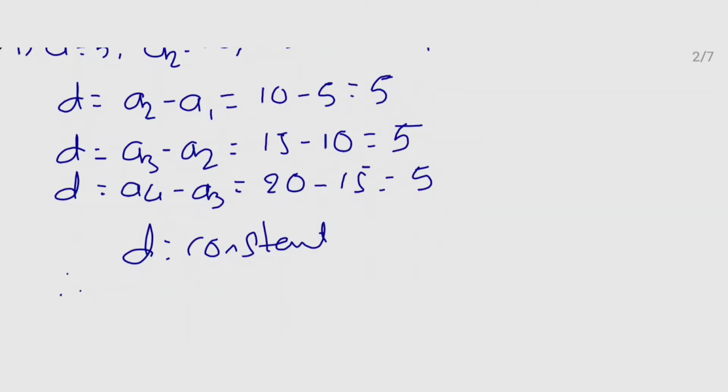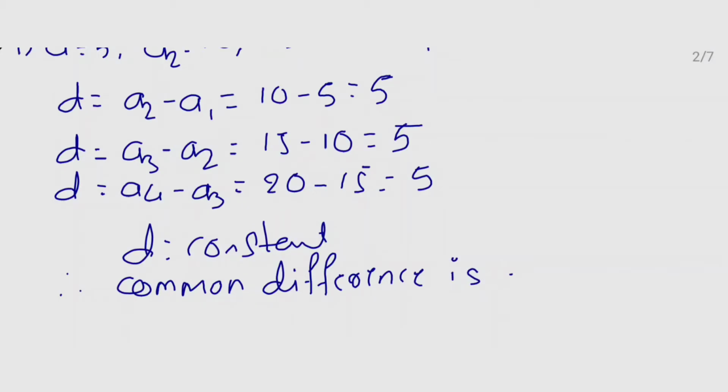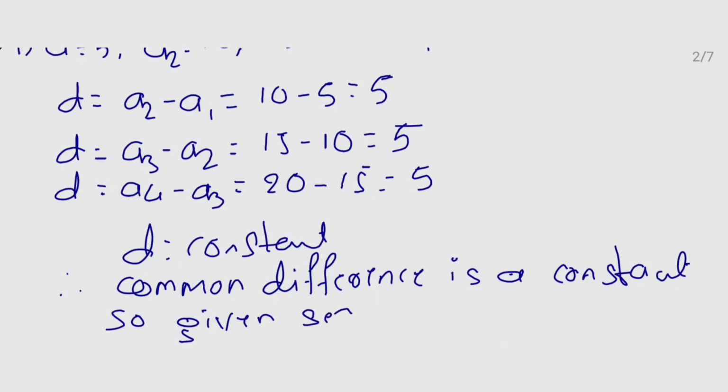Therefore the common difference is constant. So the given sequence is an AP. Is it clear? The common difference is constant, it means it is an AP.